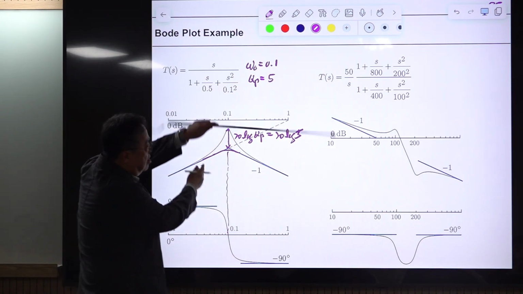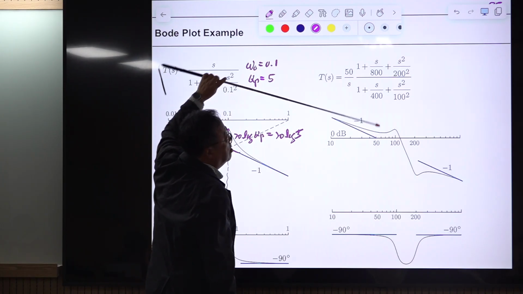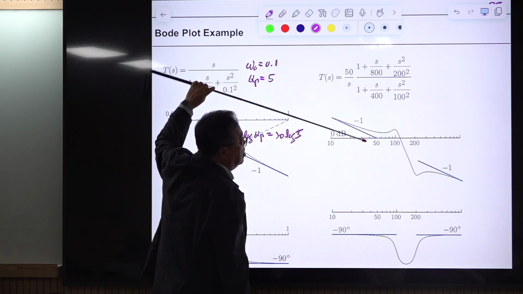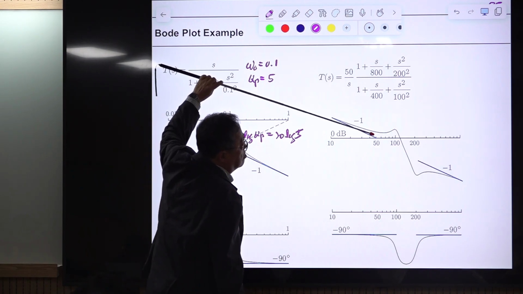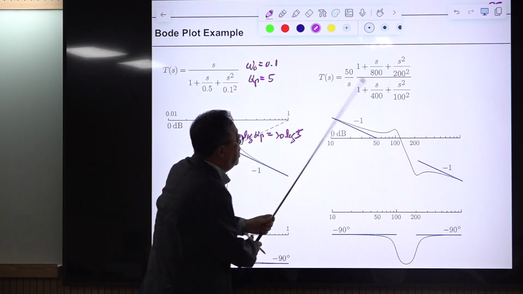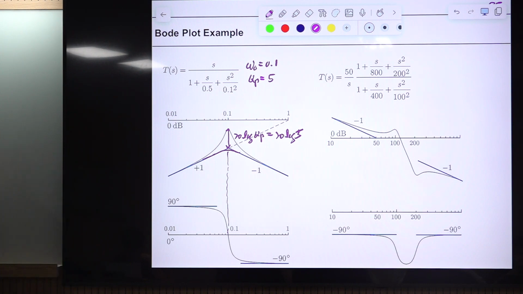So this line segment is looking at 50 radian per sec, because when this is 50, it becomes 1, which is 0 dB. So it goes like this, okay? But there is a double pole here, so the minus 1 slope is reduced by 2, so minus 3 slope.